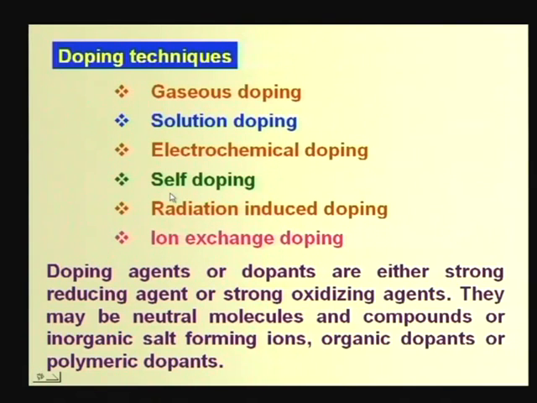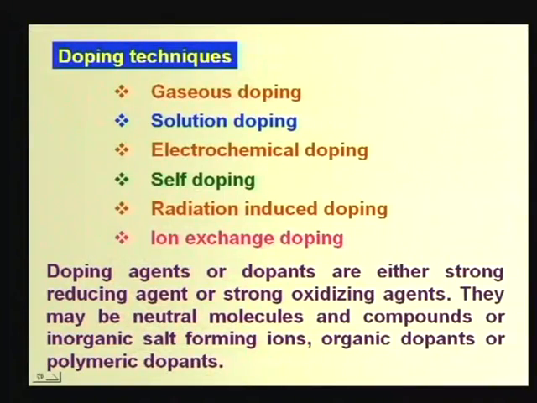Self doping, you see that polyaniline synthesis from aniline hydrochloride leading to emerald salt form. The polymer obtained, that means this emerald salt is a self doped polymer. Self doped means HCl doped polymer, that is called self doping or in situ doping, right?